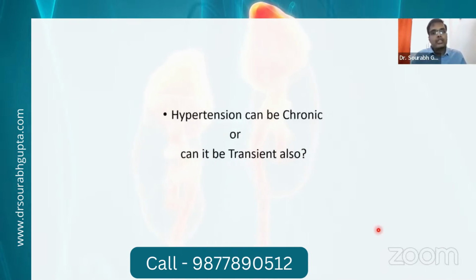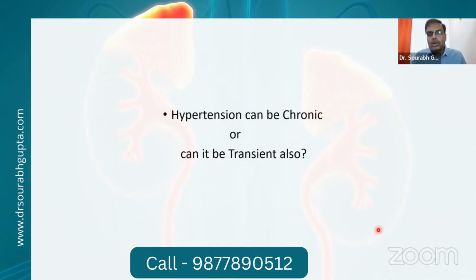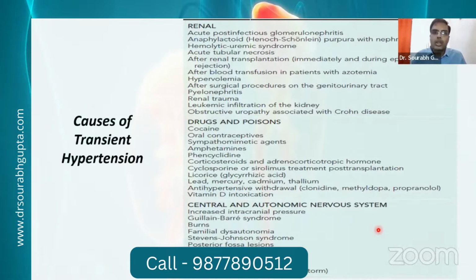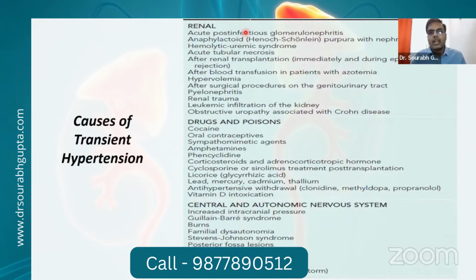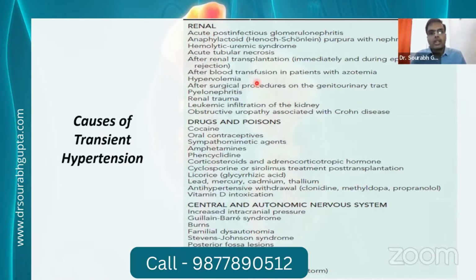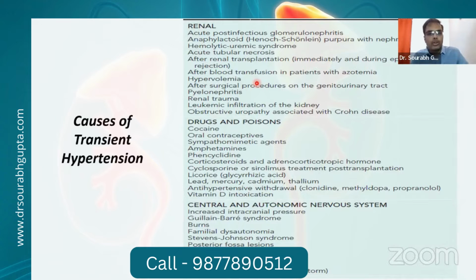Before going forward and saying that every hypertension is chronic, because what we have discussed till now is chronic hypertension, but it can be transient also. There is a long list, but mostly acute illnesses like acute post-infectious glomerulonephritis and hemolytic uremic syndrome. Hypervolemia in a patient, maybe of a chronic kidney disease patient, can cause transient hypertension. Chronic kidney disease itself can also cause chronic hypertension.